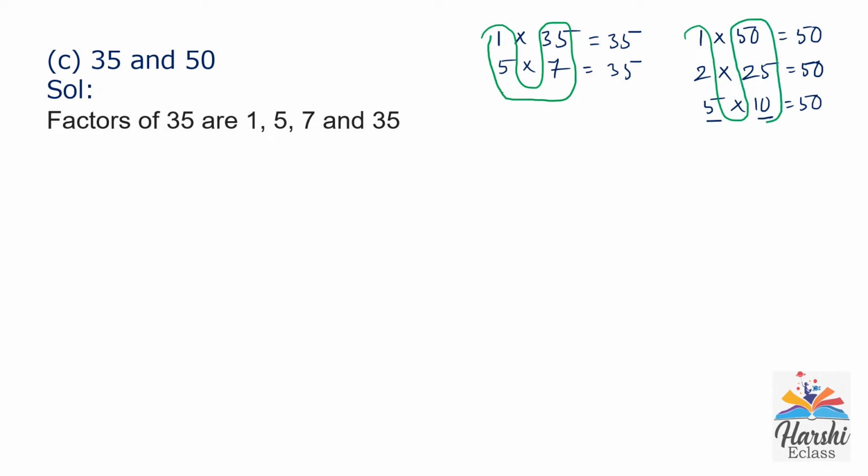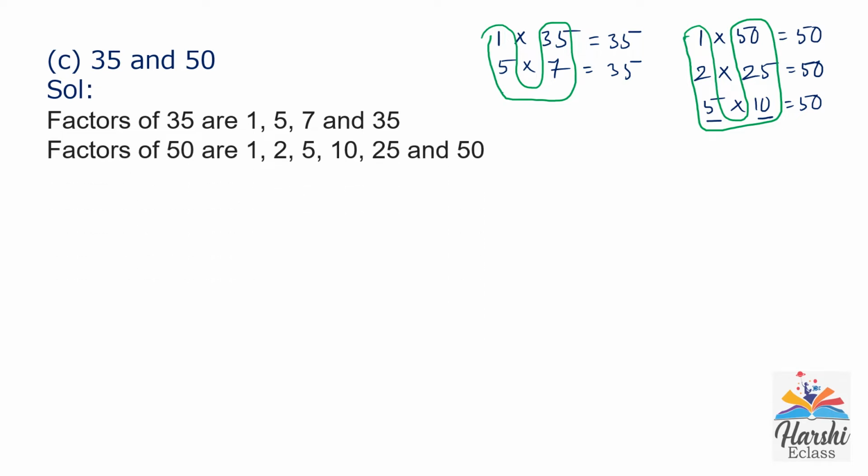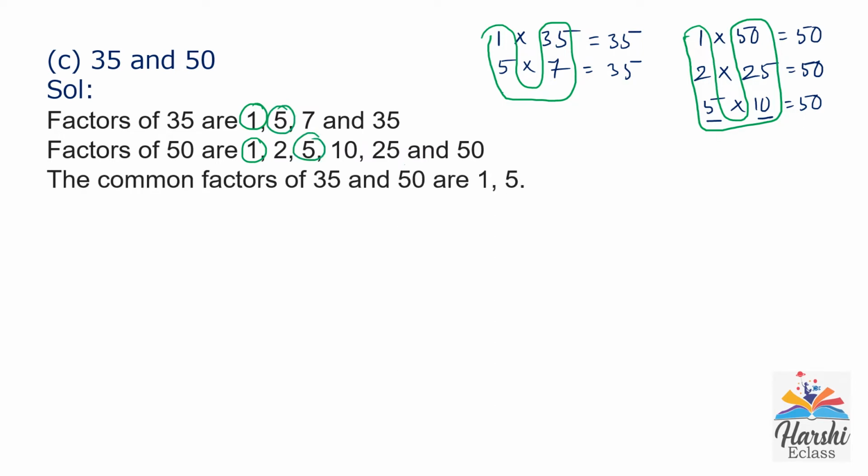So here the factors of 50 are 1, 2, 5, 10, 25 and 50. The common factors are 1 and 5. Only two common factors are there. The common factors of 35 and 50 are 1 and 5.